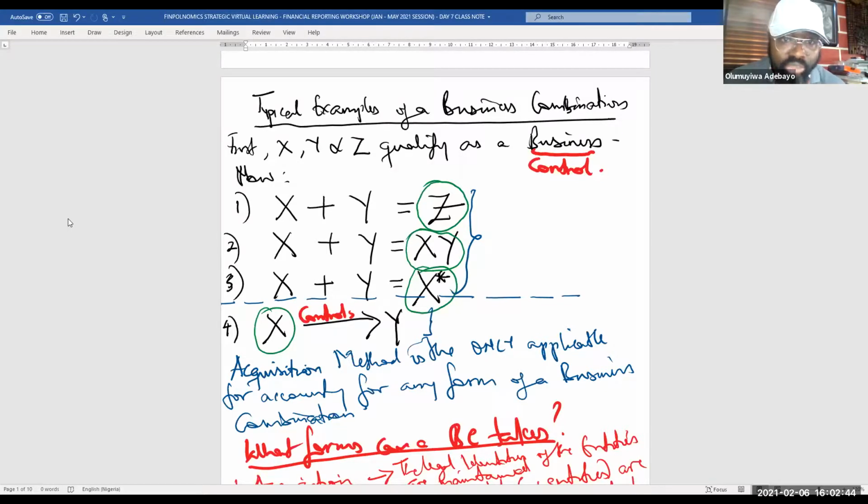What is common about 1, 2, 3 that is not in 4? Who can explain? What is common in 1, in 2, in 3 that is not in 4? Who will explain?